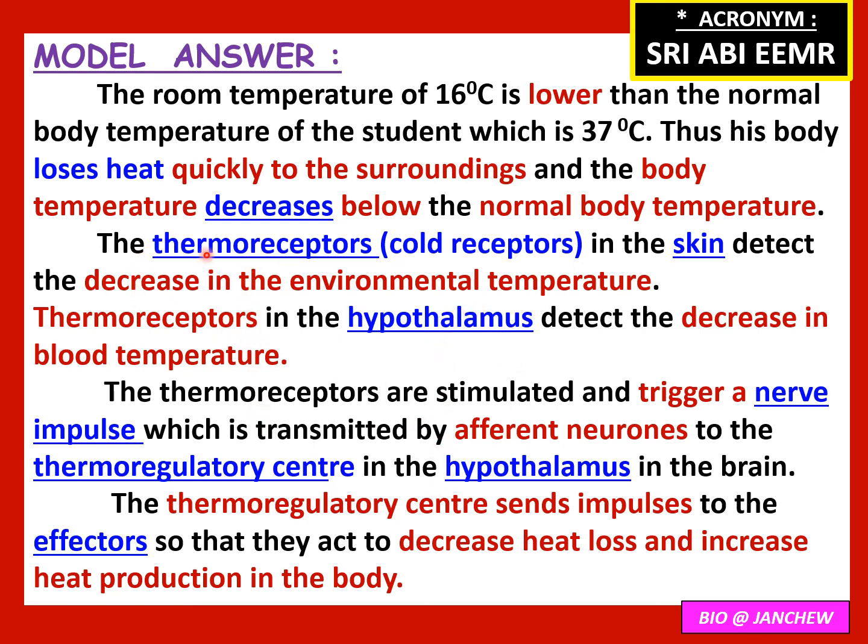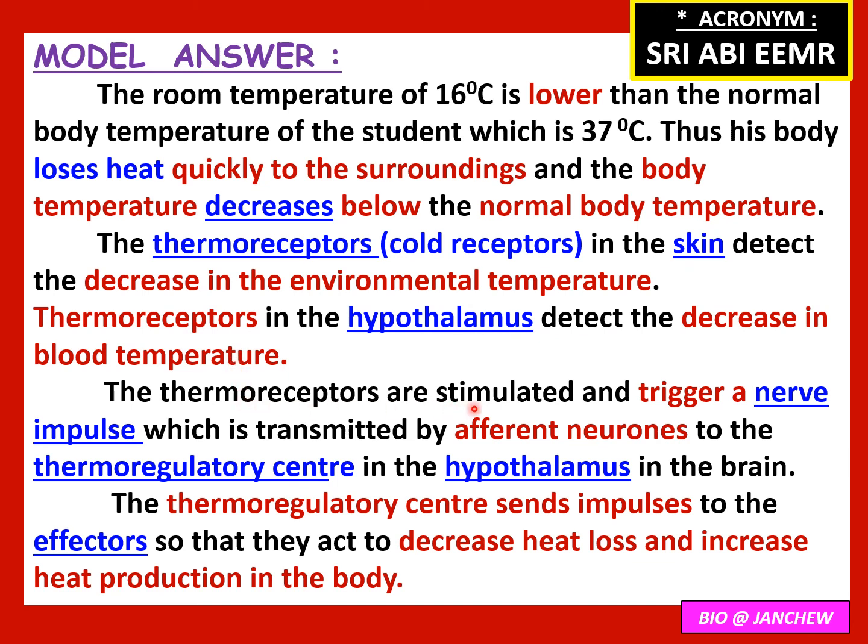The thermoreceptors, that is the cold receptors in the skin, detect the decrease in the environmental temperature. If it is an increase in environmental temperature, then we talk about the warm receptors. But in this case, there's a decrease in environmental temperature, so the cold receptors, which are a type of thermoreceptor, detect the decrease. And thermoreceptors are also found in the hypothalamus that detect the decrease in the blood temperature.